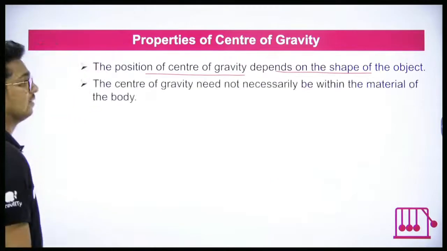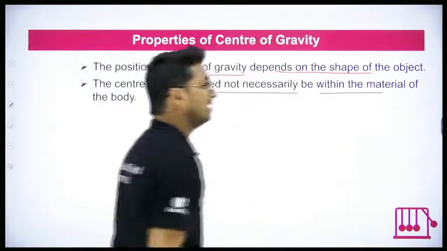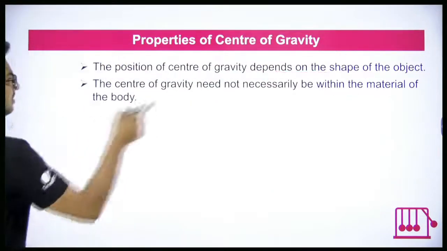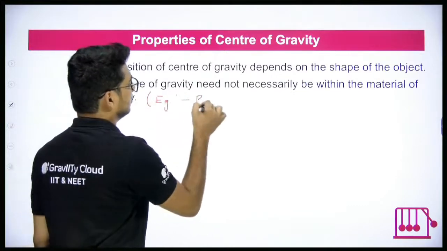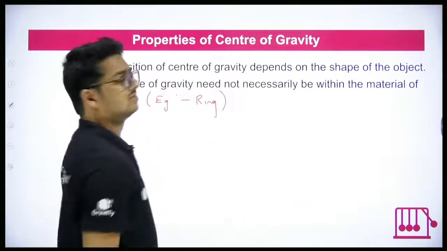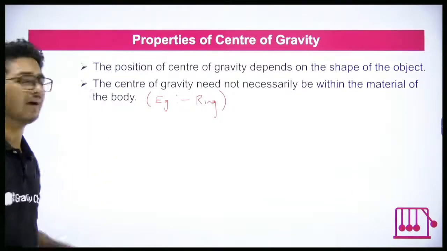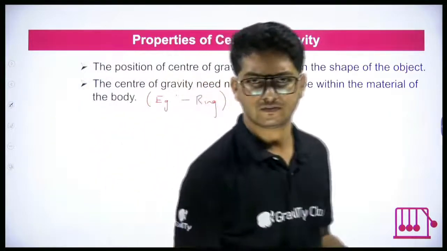And the center of gravity need not necessarily be within the material of the body. Example, a ring. It is outside the material, where there is no mass. So this is a very important point. Center of gravity can be outside the material of the substance also.